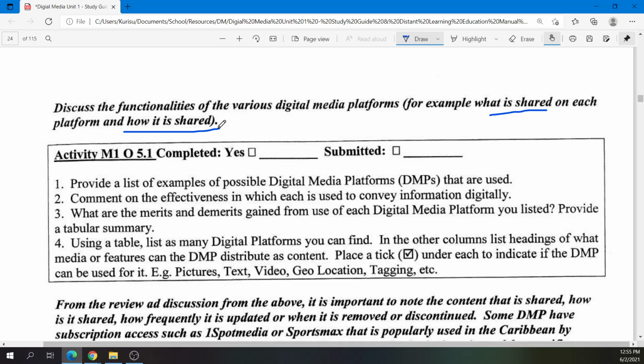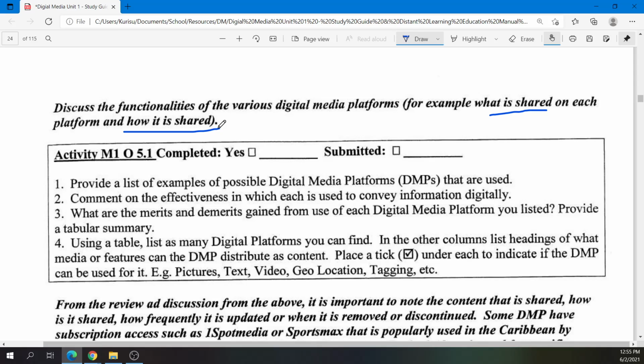You have different contents. You have vlogs, music videos, movies, and they're shared by uploading them from the person's account.